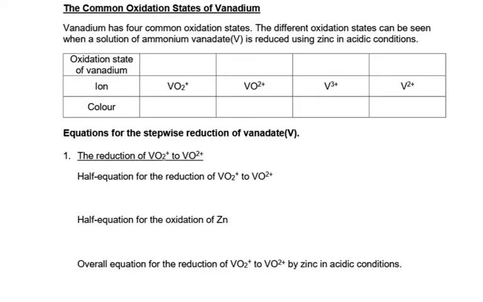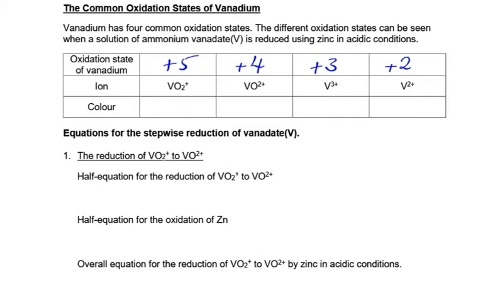Here we'll pick on one particular element and look at the variable oxidation states within compounds of vanadium, and hopefully we can see that we have oxidation states of +5, +4, +3 and +2.